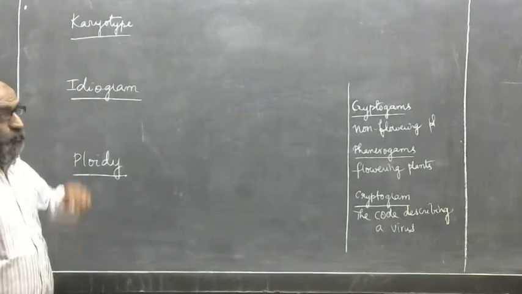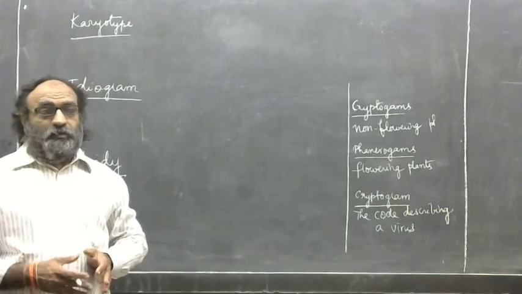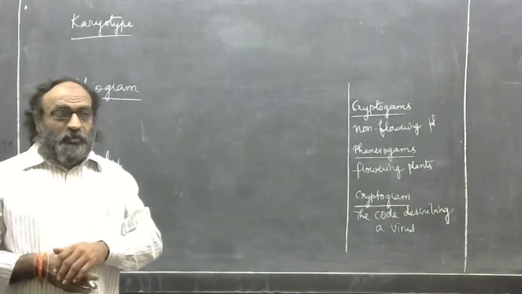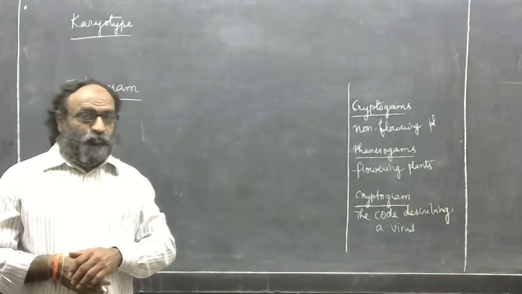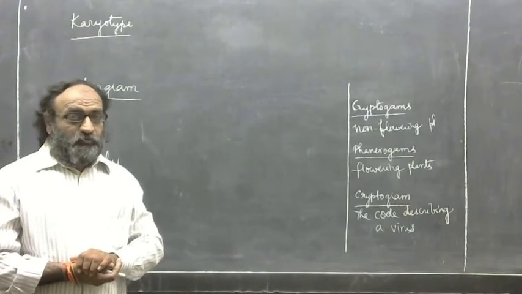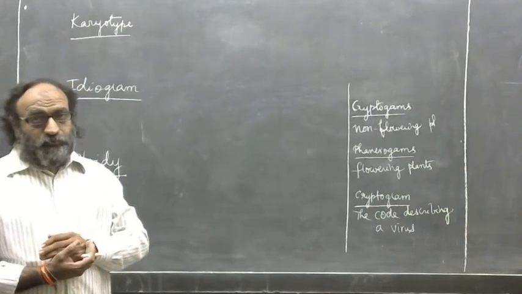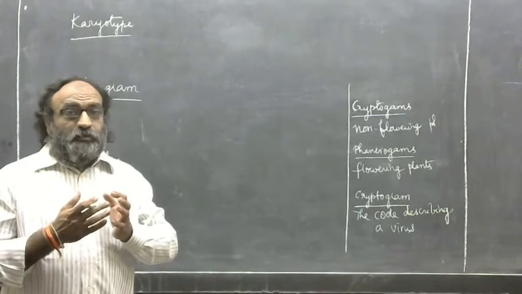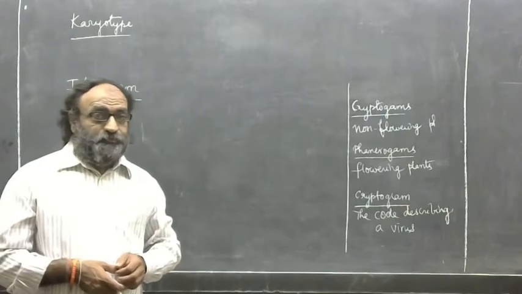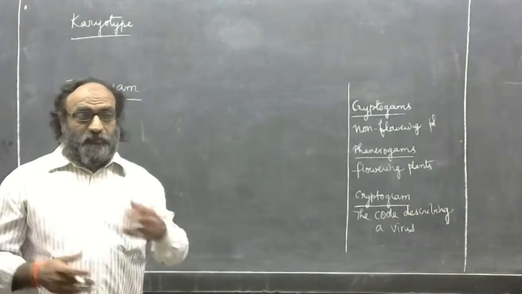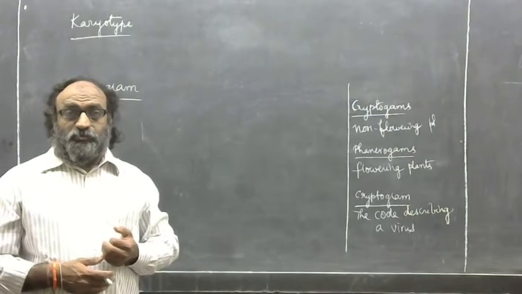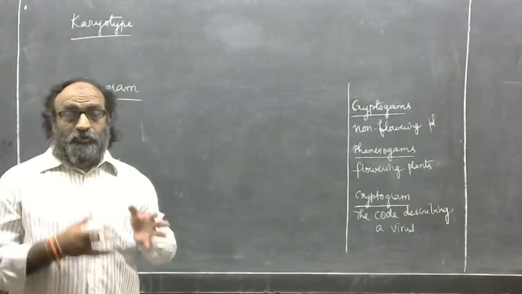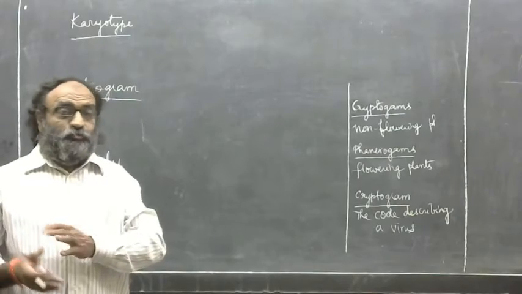What is a karyotype? The karyotype describes the morphological features of a chromosome. That means the size of the chromosome, the shape of the chromosome, and the distribution of the chromosome. In brief, its structure. Structure includes the size, shape or form of the chromosome and also their distribution.